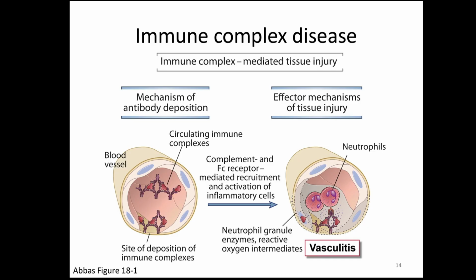It's the same thing: these immune complexes would be blocking the flow of blood through the blood vessel by clogging it up. So this idea of immune complexes going in vessels, potentially leading to inflammation and damage of the vessel, but also just blocking the vessel, is bad.